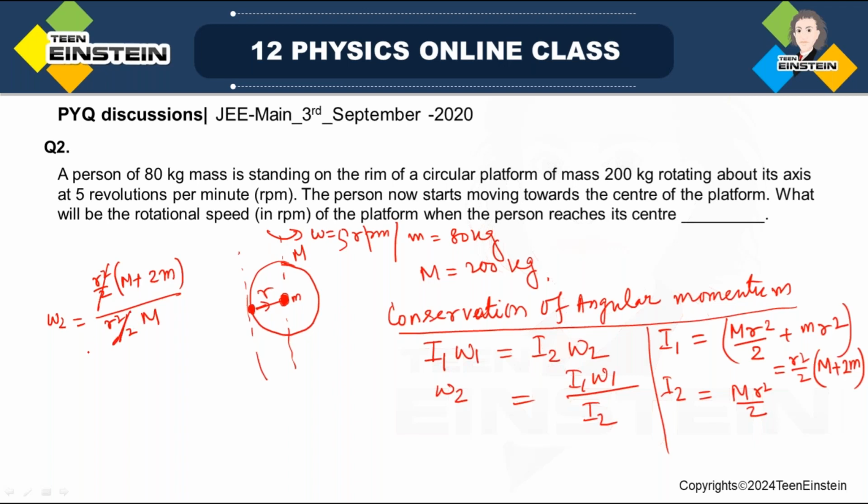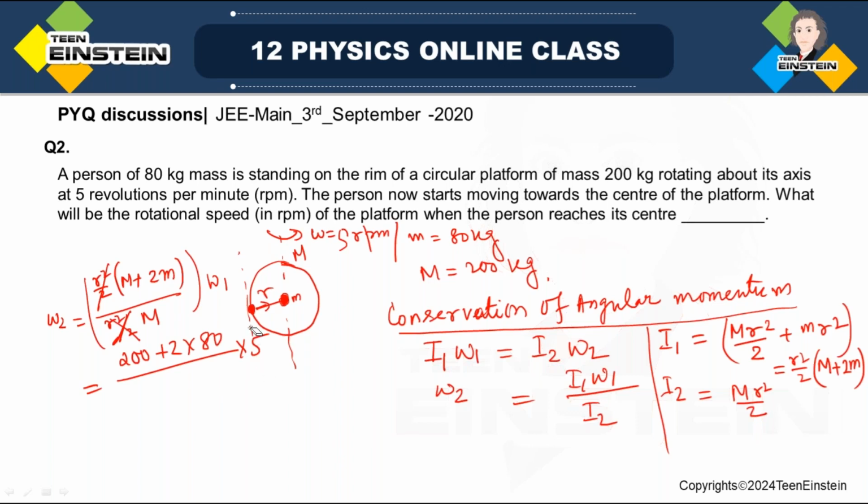This I can strike out, and I can put the value of capital mass as 200, and this is 2 into 80 kg, divided by, oh I see, there will be omega 1 as well here. So omega 1 is 5, you know that, 5 rpm.